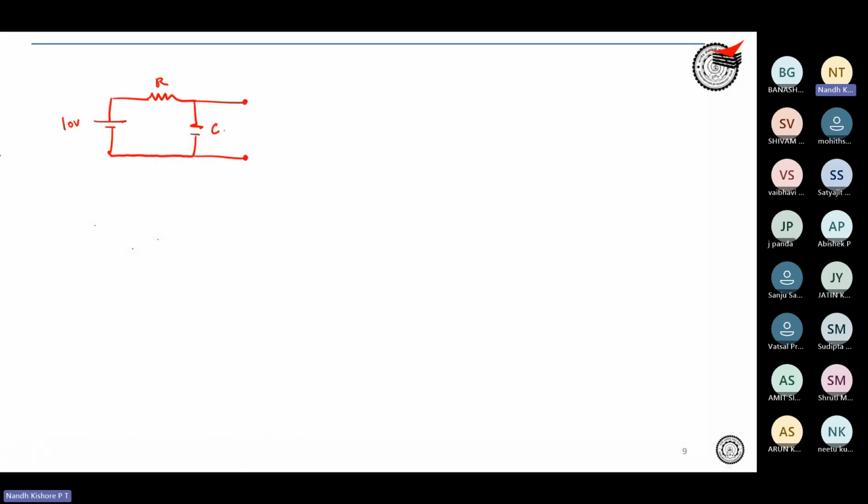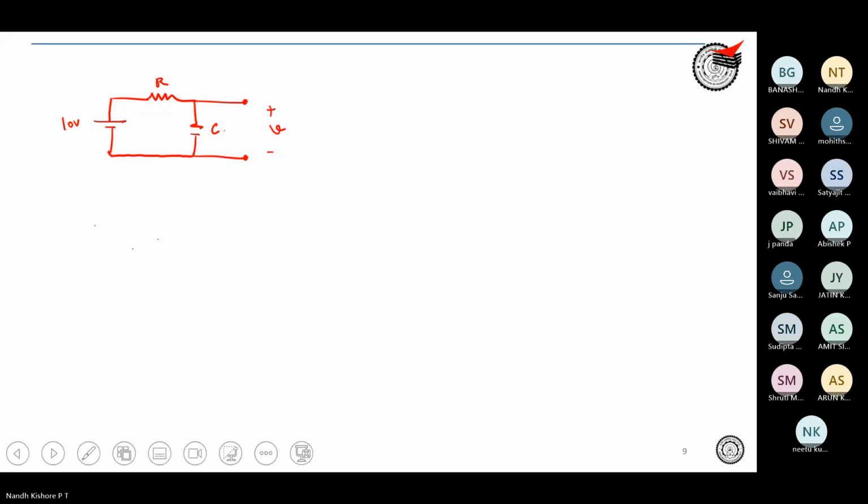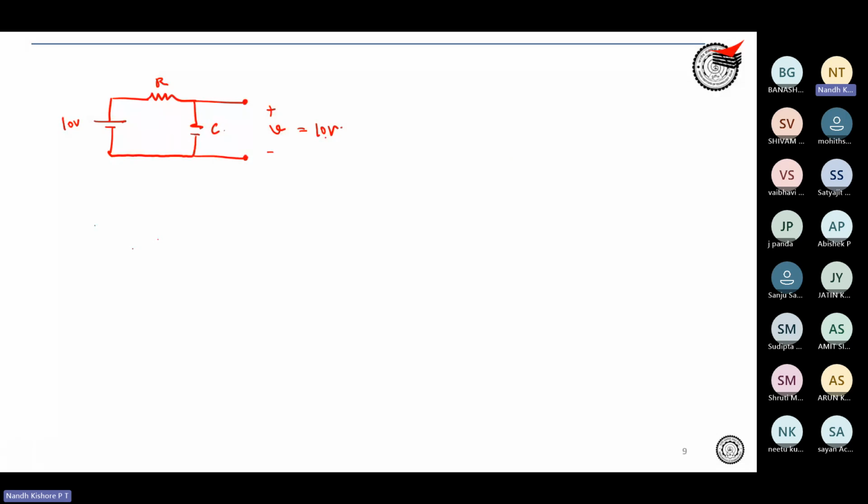I want to check the voltage across the capacitor after a very long time. What will be the voltage across the capacitor, 10 or 0? 10 volt, yes. So under steady state, whatever was the voltage, the capacitor has charged up to that voltage, correct?